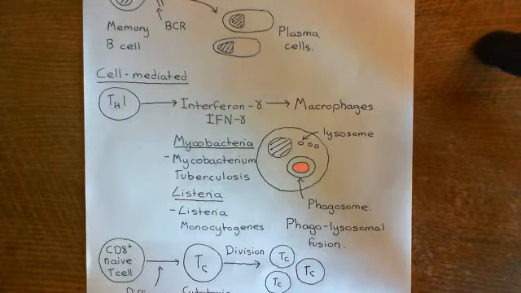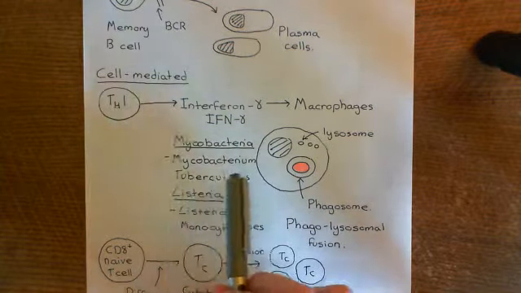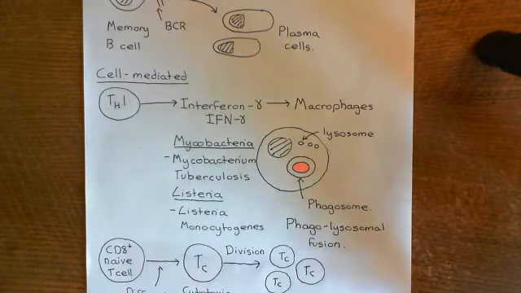They should release them into the phagosome, and these lysozymes should then destroy the microbe within the phagosome. Okay? However, mycobacteria and listeria species, of which the main examples would be Mycobacterium tuberculosis, the causative agent of TB, and Listeria monocytogenes, which causes gastroenteritis.